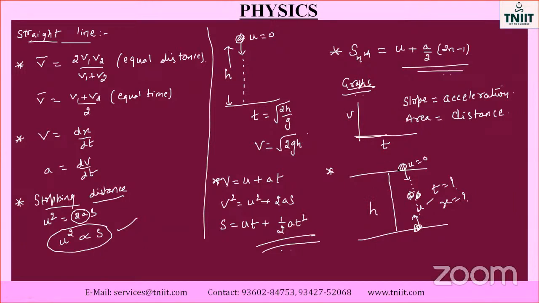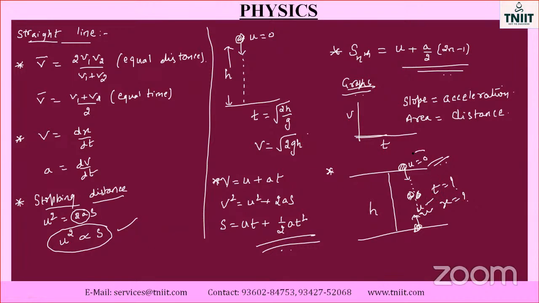So if the particle is just dropped, remember the initial speed will be 0. If the particle is thrown vertically upward, then there will be an initial velocity u. Whenever the particle is thrown upward, you have to take the initial velocity u.